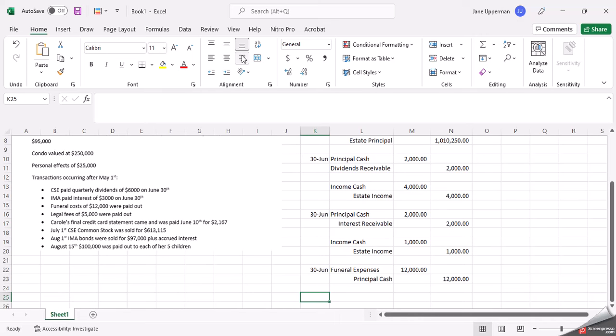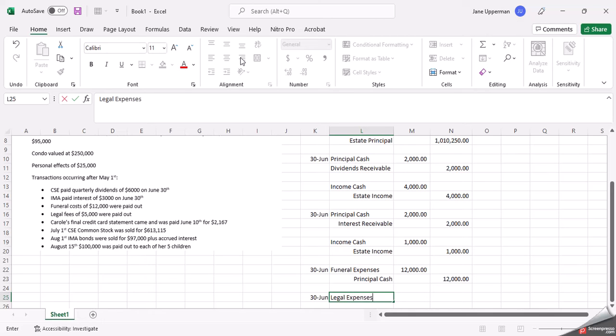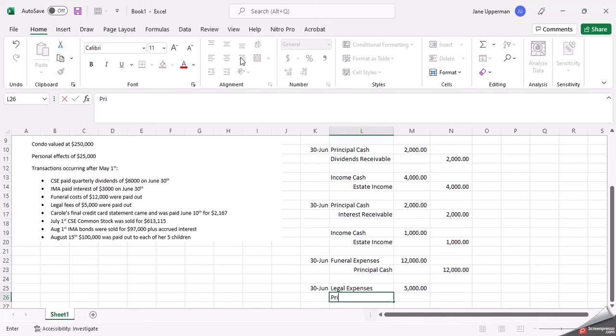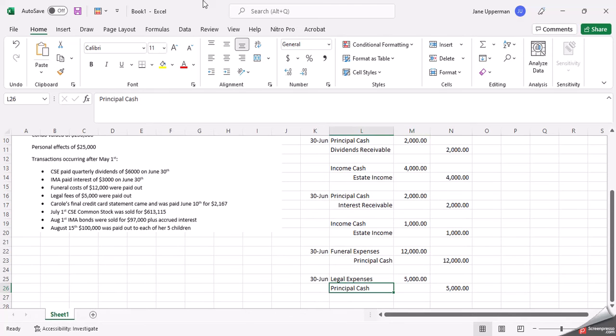Okay, then legal fees, same deal. We'll do the same date for those. Legal expenses. And those are 5,000. And those will also come out of the principal cash, because again, they deal with settling the estate.